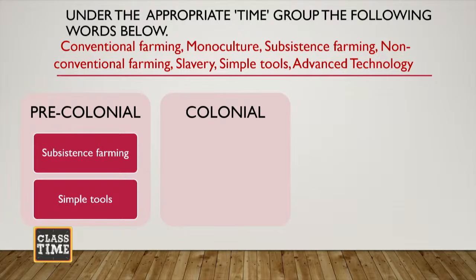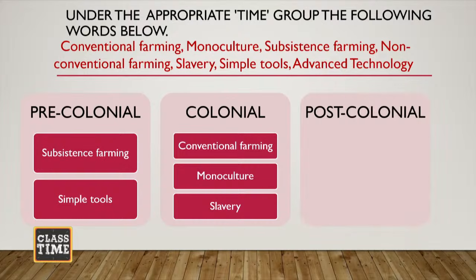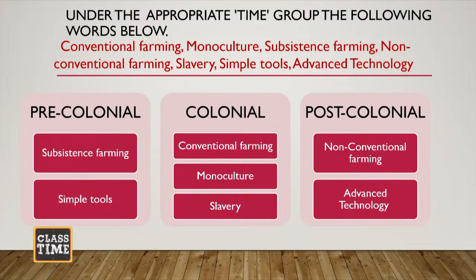Which word? Good. Conventional farming. Great. Another one. Very good. Let's see if Nick Kirk Farquharson knows what's happening now. Which word goes well with colonial time? Slavery. Great. Next. Post-colonial. Right. So that's very good.